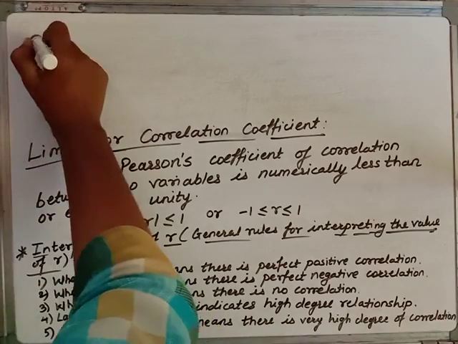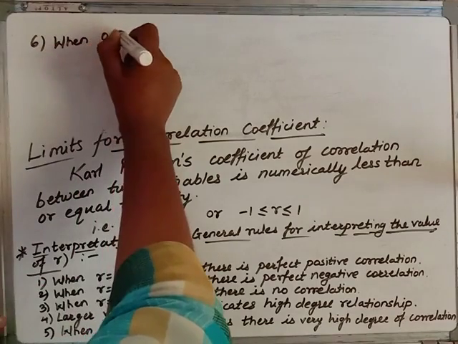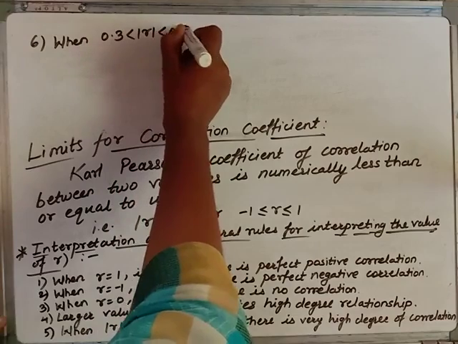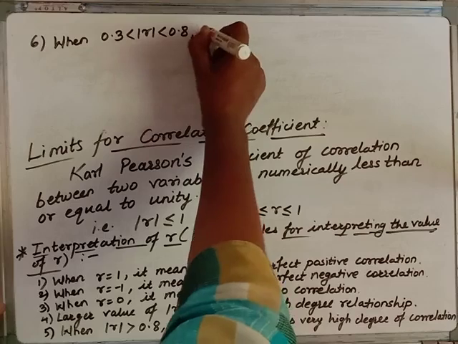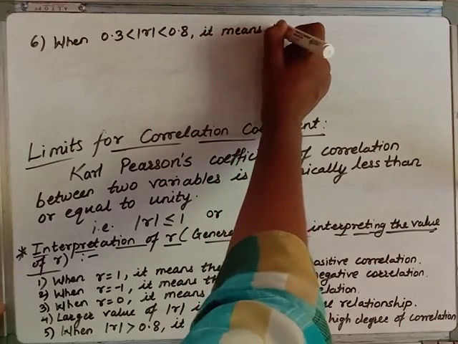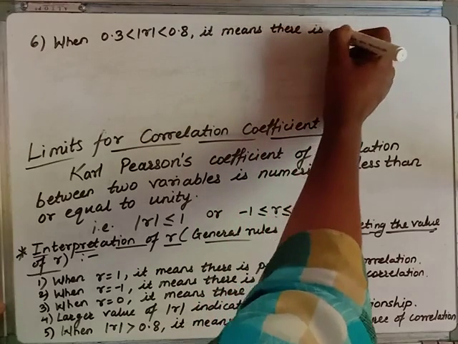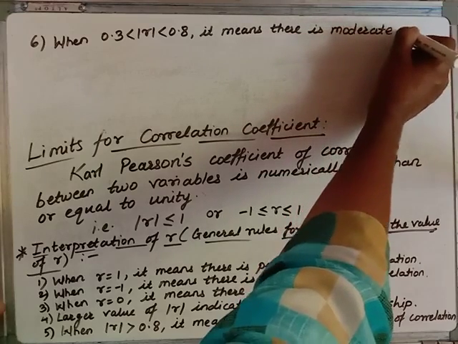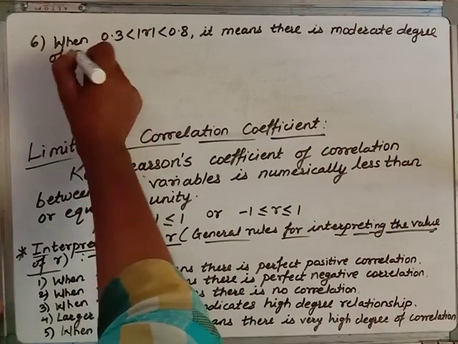Then next, when modulus of r lies between 0.3 and 0.8, it means there is a moderate degree of correlation.